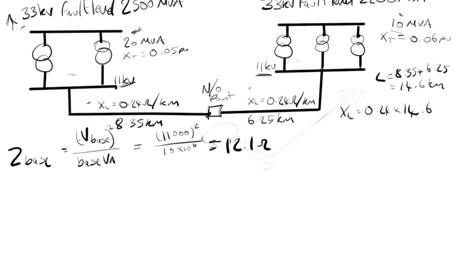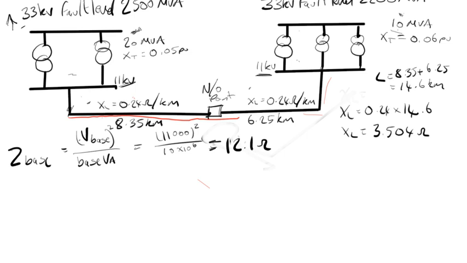Do it in different color pens so you can see a little bit better. So it's all the way down this line, all the way down there, and up here, and that's these values here. Then to calculate the per unit value of the cable impedance between the two substations, substation A and substation B, it will be 3.504 divided by your Z base value, which is 12.1.